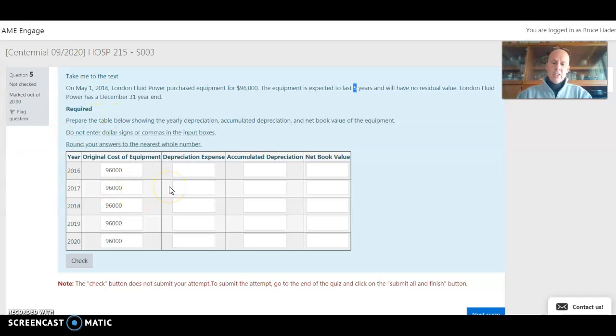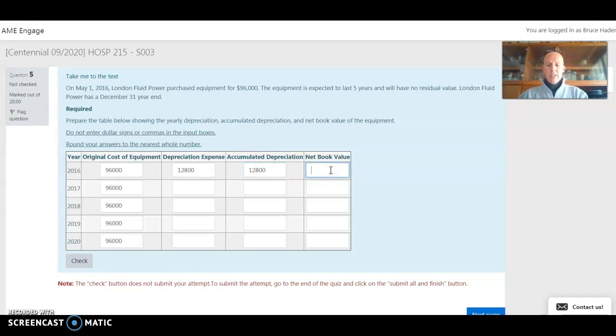So I'm going to take that monthly depreciation of $1,600 and multiply that by 8 months. And I get a number of $12,800. Since this is the first 8 months within the fiscal year, that will be our accumulated depreciation.